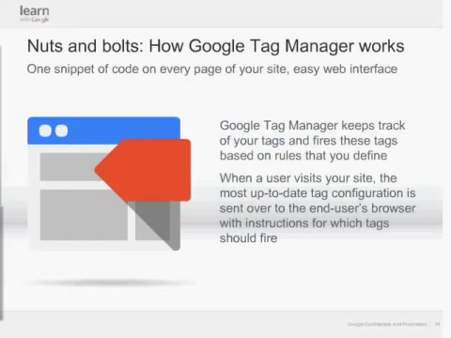What Google Tag Manager does is the same snippet of code that goes across your entire website, but with it becomes an easy web interface that helps you keep track of your tags and fires these tags based on rules that you define. So when a user visits your site, the most up-to-date tag configuration is sent over to the end user's browsers with instructions for which tags should fire.